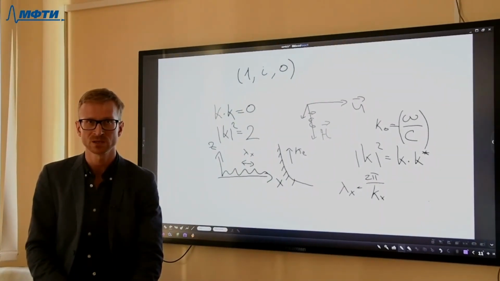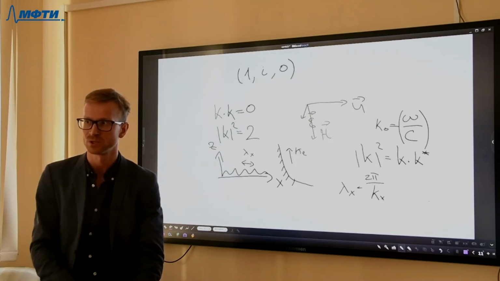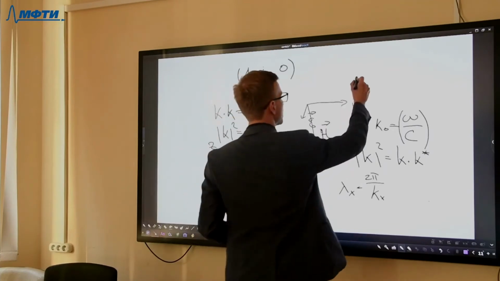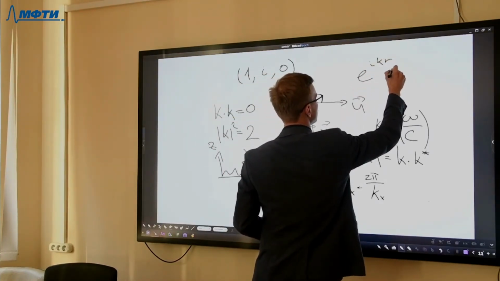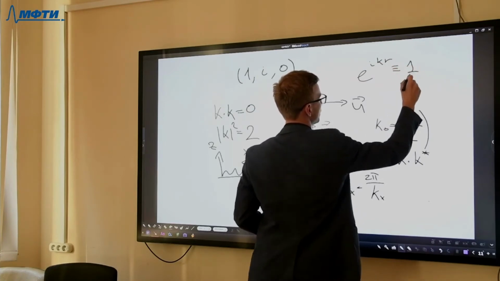And that means that the wave vector is zero, and that means that the electric field and magnetic fields are just the same everywhere. They are not changing. There is no phase velocity, right? So this phase factor, this guy here, is just 1 in the entire space.